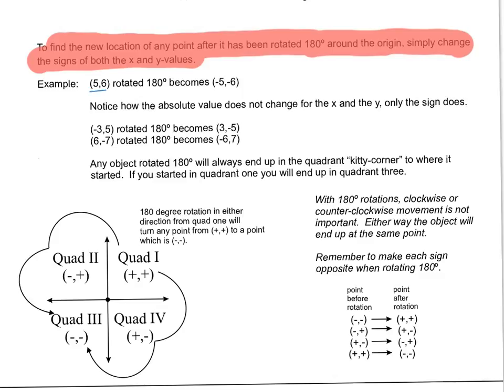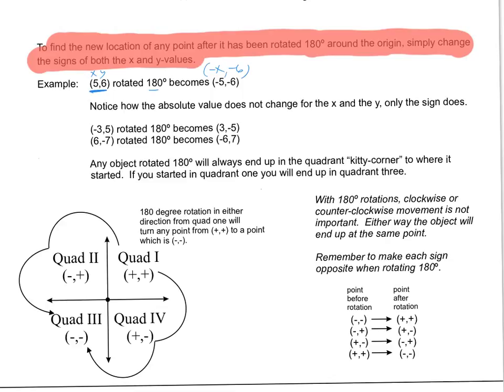So here's your first example. The point (5, 6) is rotated 180 degrees. If you look at the x, it becomes the opposite sign, and the y becomes the opposite sign. Wow, that's so easy. And if you think about it, if you're going 180 degrees, you're going in the opposite direction.